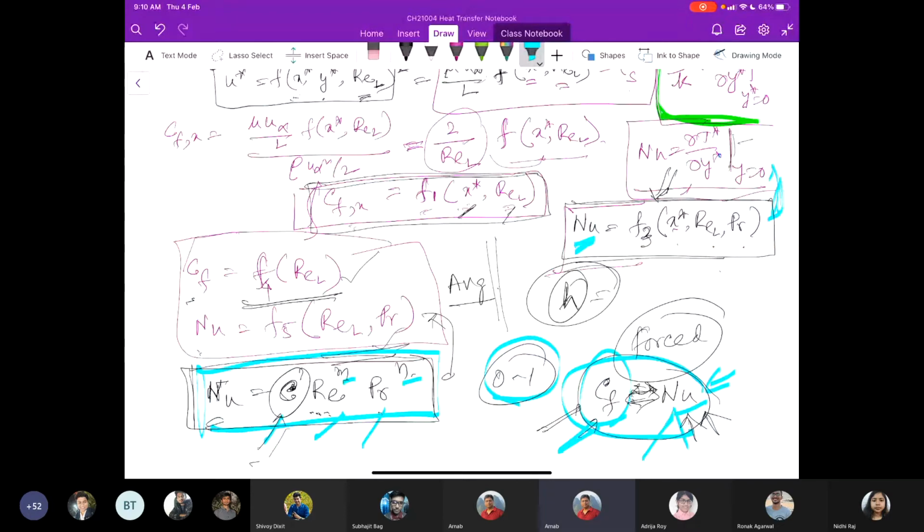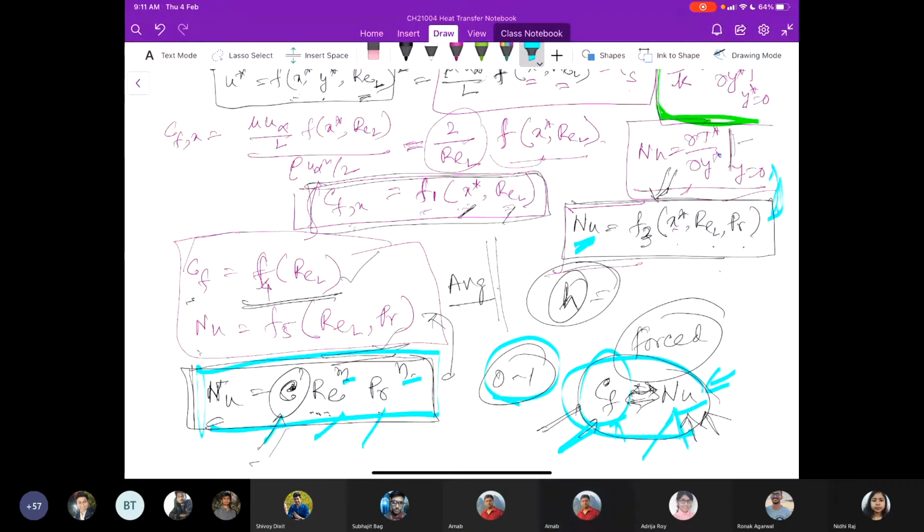For that, we have to see what the relation is between the friction coefficient and the Nusselt number. These relations are basically developed from the hydrodynamic boundary layer and the thermal boundary layer, the momentum and heat transfer happening in the boundary layers.